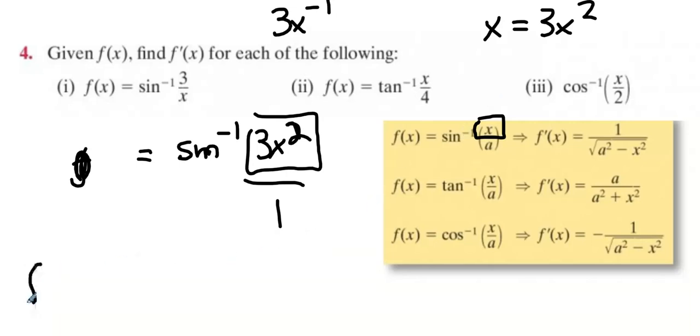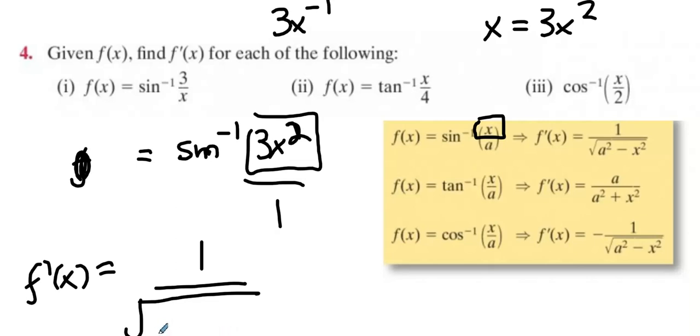So we go f dash X is 1 all over A squared, which is, what's it? 1 squared, yeah? Yes. Sorry, 3x minus 1. Thanks for that.